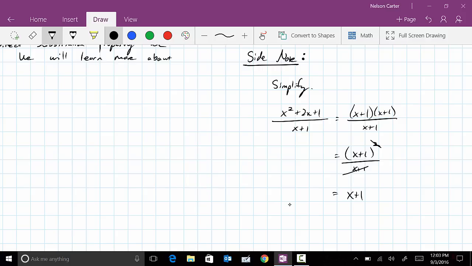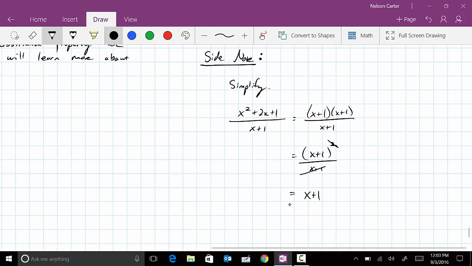Well, that's for the most part legal, but there's a very important detail that's glossed over that really makes this not true. This is actually not true. Here's the important detail: x cannot be negative 1.